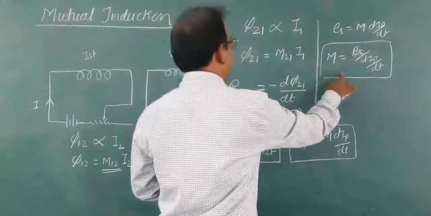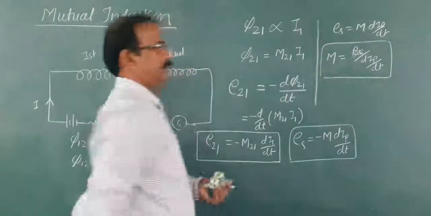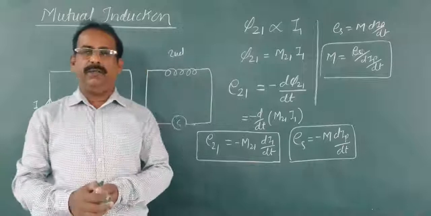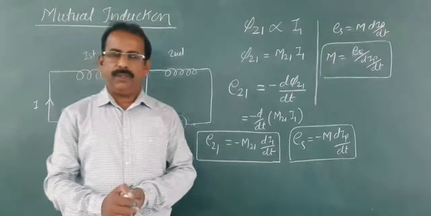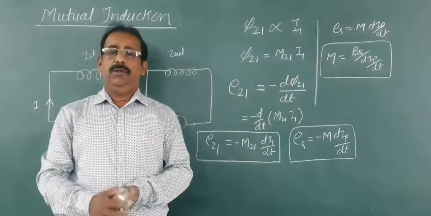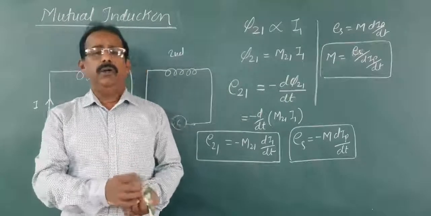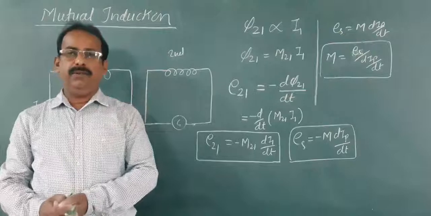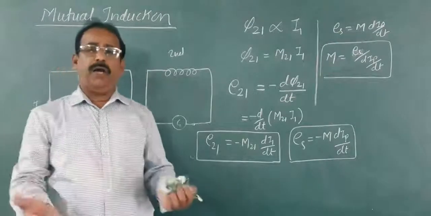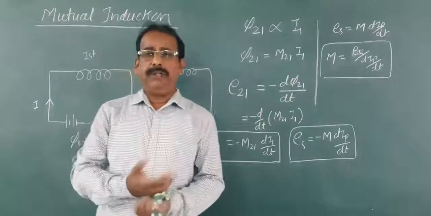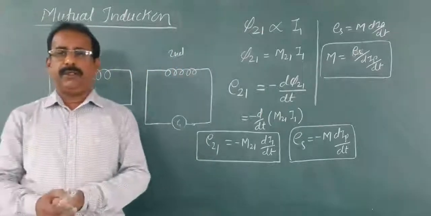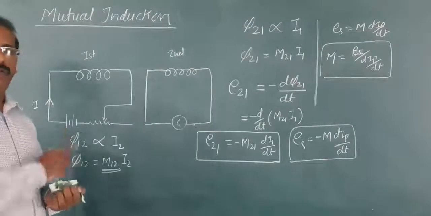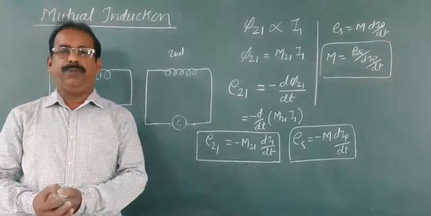From this mathematical form, you can define the coefficient of mutual induction, or mutual inductance. It is nothing but the magnitude of EMF induced in the secondary coil when the current passing through the primary coil changes at the rate of 1 ampere per second.